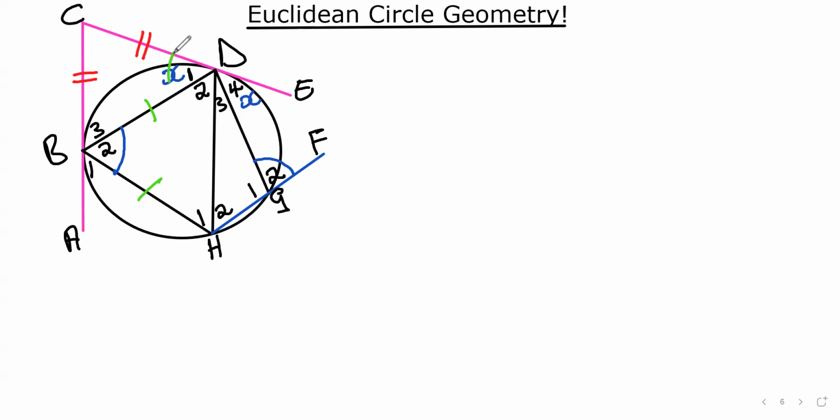And angle B3 is also equal to H1 because of the tan chord theorem. Angle B3 is equal to H1. And angle A1 is equal to D2 because of the tan chord theorem also.